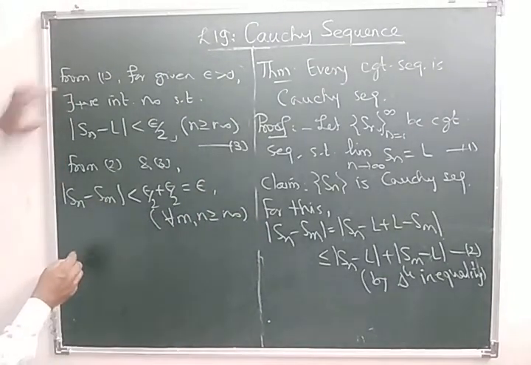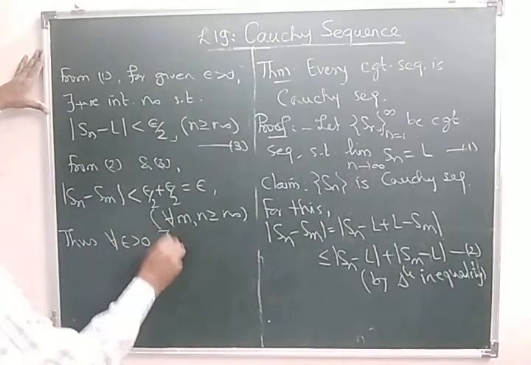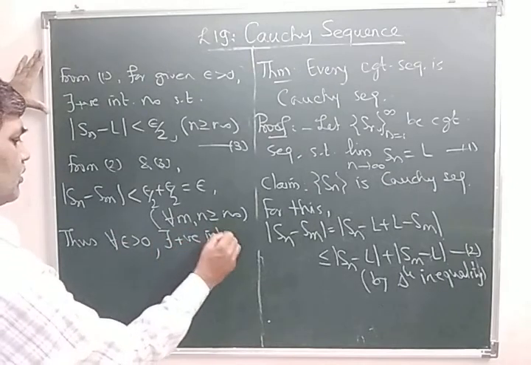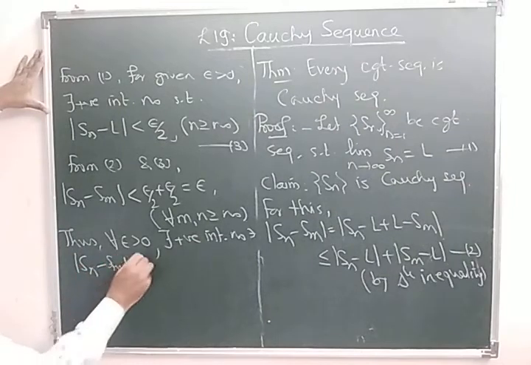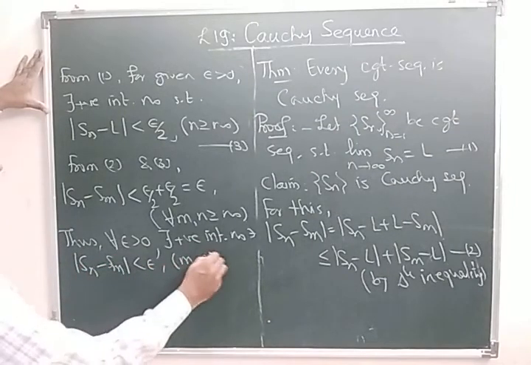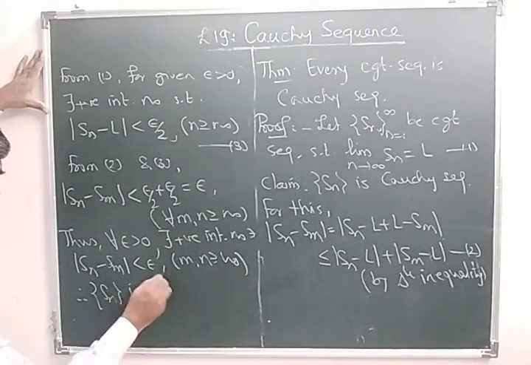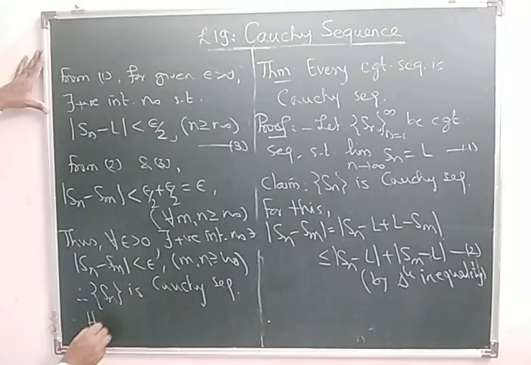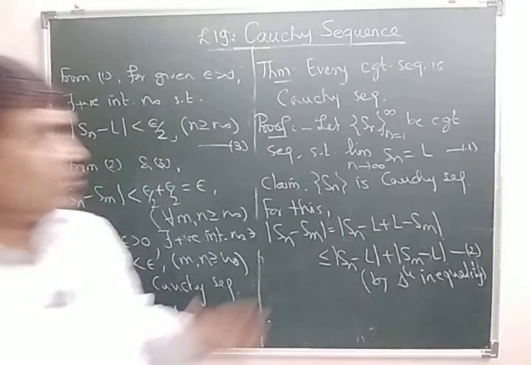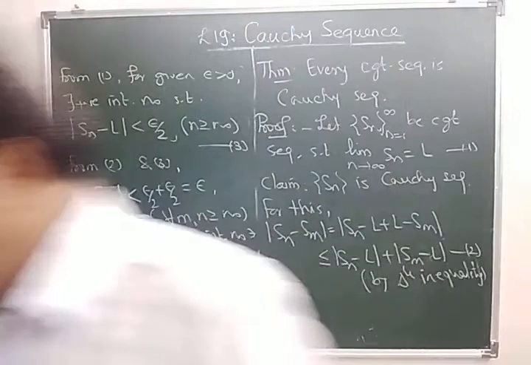Thus, for any epsilon greater than 0, there exists positive integer n naught such that mod Sn minus Sm is less than epsilon for any m, n greater equal n naught, and therefore Sn is a Cauchy sequence. Hence proved. Thus the result is proved.